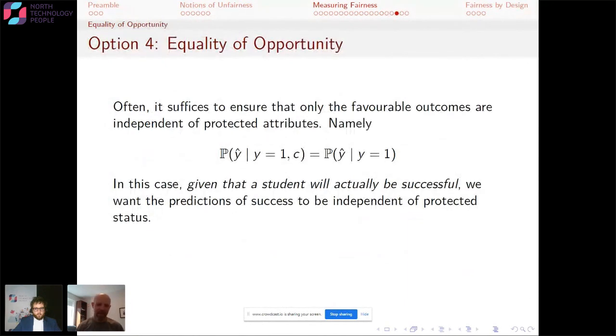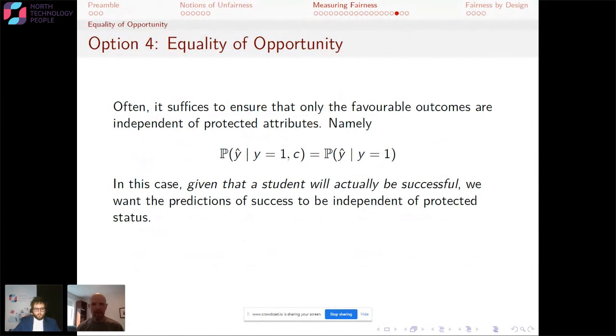Okay, equal opportunity, on the other hand, is a slightly less strict criteria, where instead of demanding that both people who deserve and don't deserve the favorable outcome get it at equal rates, we only demand that the people who deserve the favorable outcome get it at the same rate, regardless of whether or not they're in the protected group. And in general, this is the definition that has been the most widely accepted going forward.